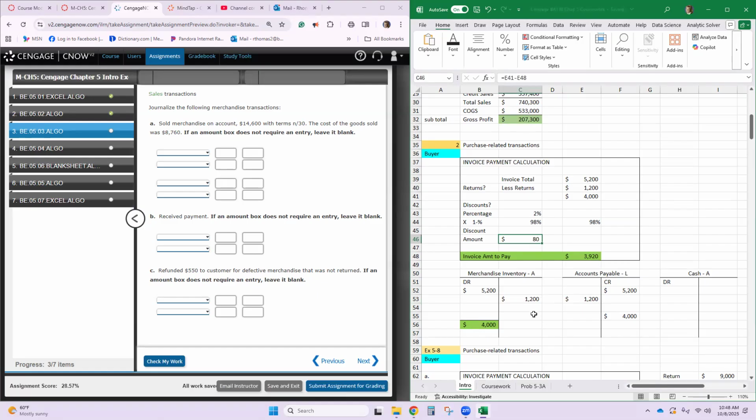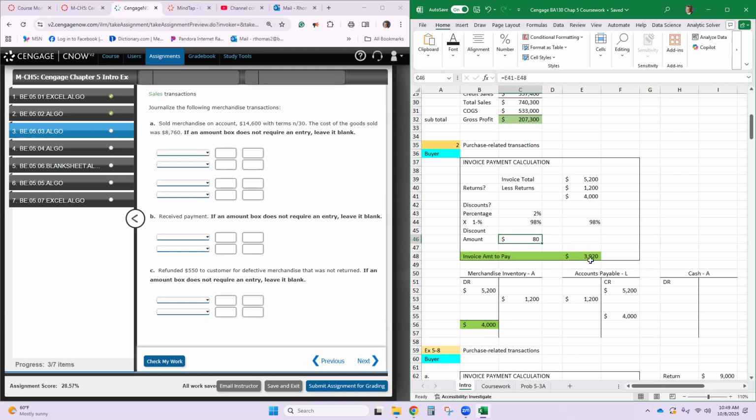So when it's time to pay this accounts payable, we have to pay it within the 10-day discount period. We're not going to pay the full $4,000, but we still have to make this $4,000 go down when we record the cash. So here's what we're going to do.